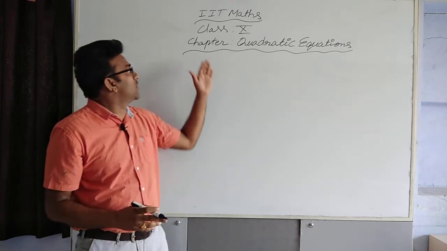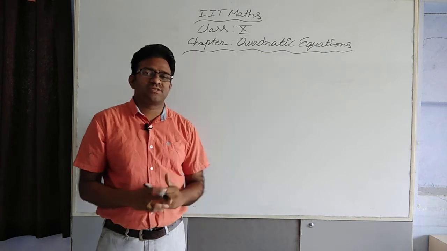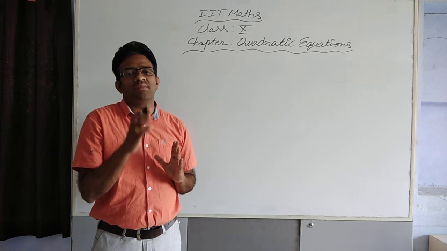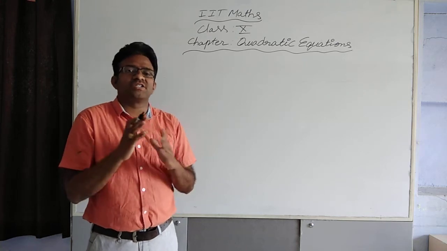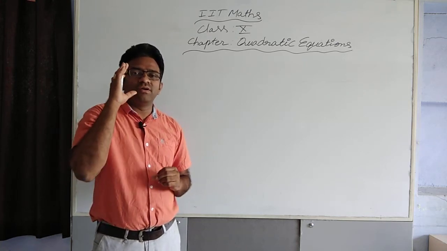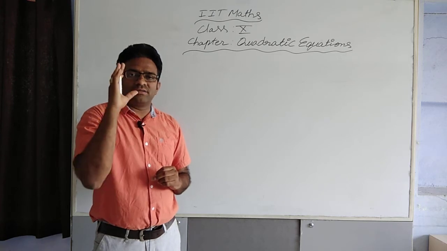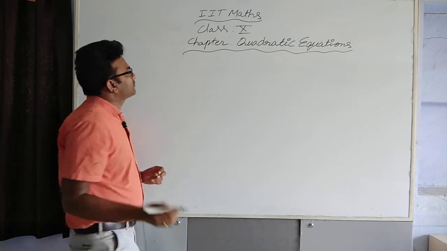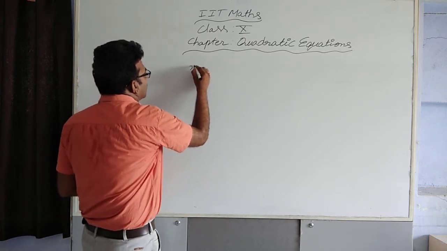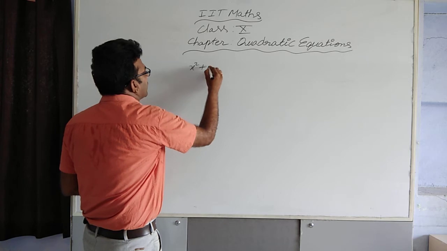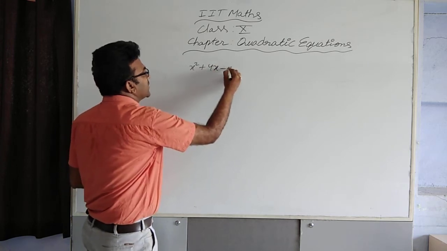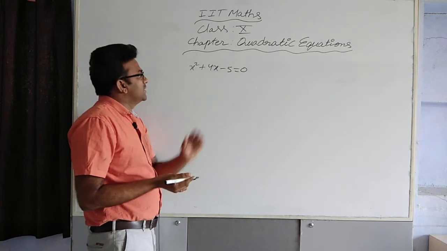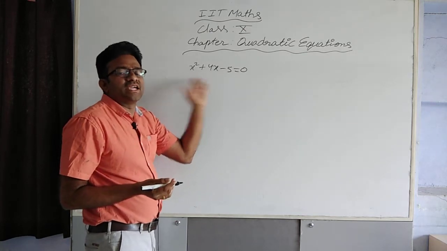Now we are going to learn about quadratic equations. A quadratic polynomial or second degree polynomial equal to 0 or a constant, such a type of equation is called a quadratic equation. For example, a polynomial like x square plus 4x minus 5 equal to 0 or any constant becomes a quadratic equation.